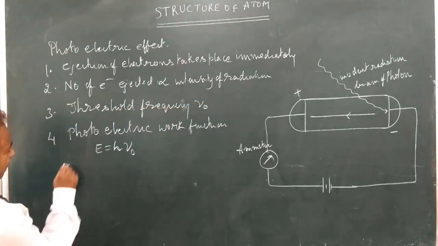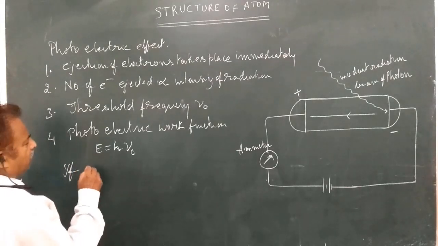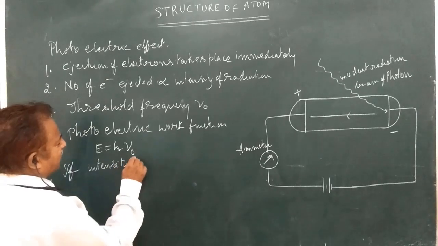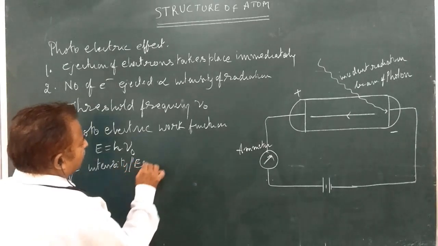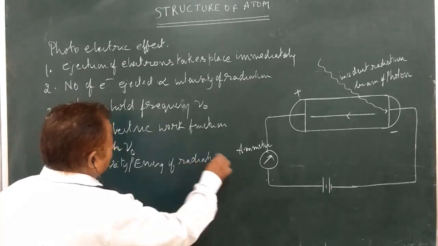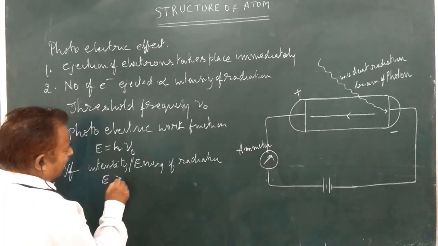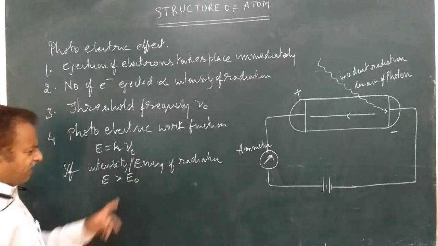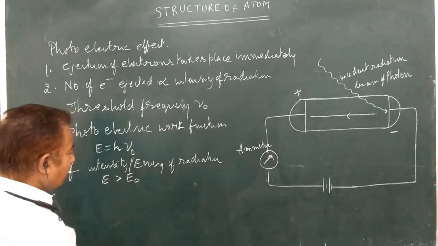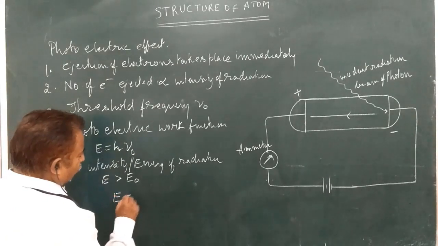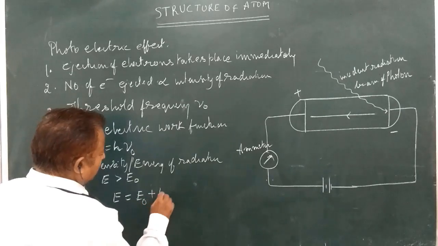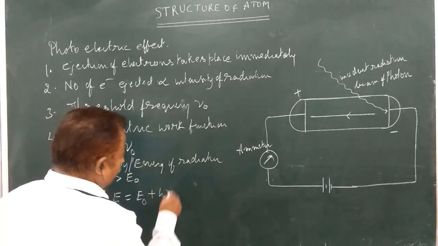That means if the energy of radiation E is greater than E naught, where E naught is the photoelectric work function and E is the energy of radiation, then E equals E naught plus the leftover energy.